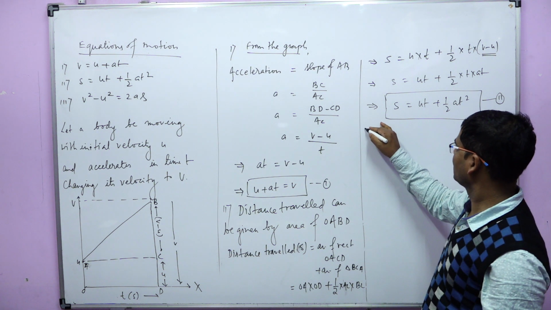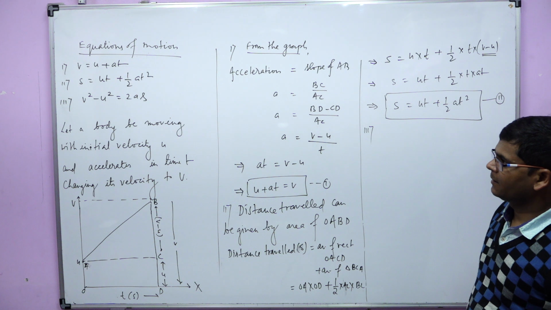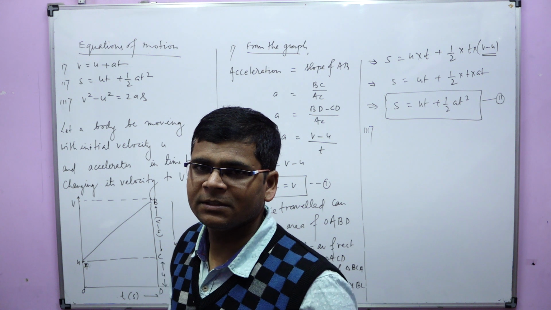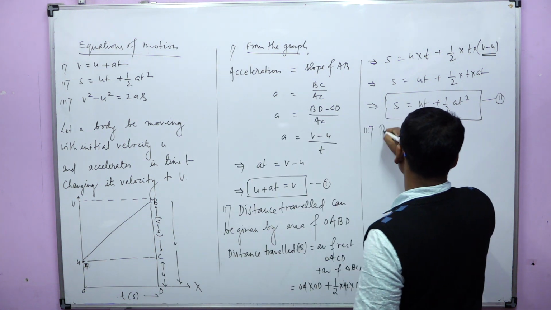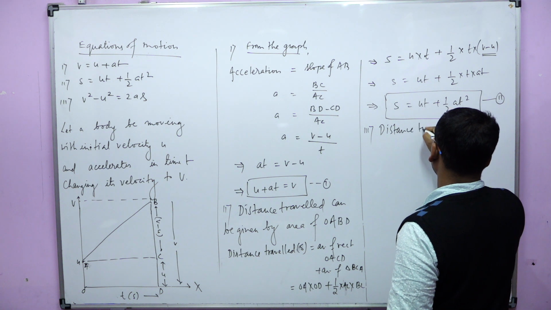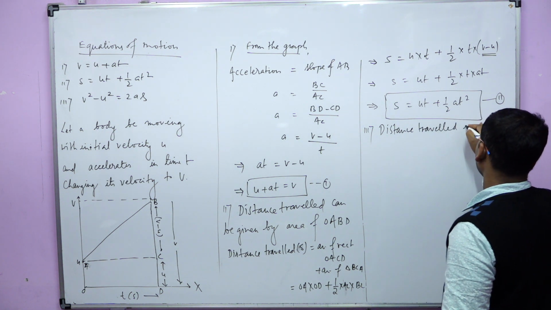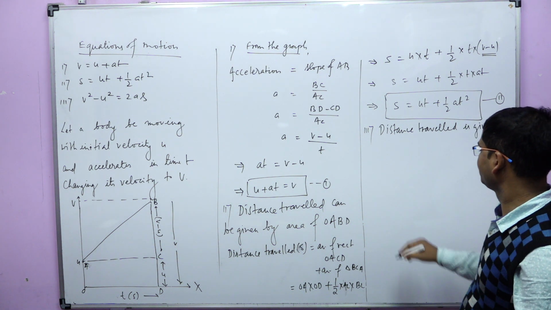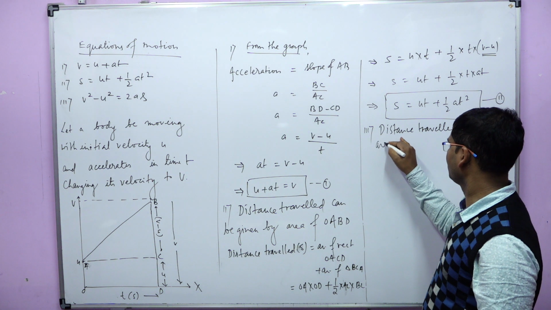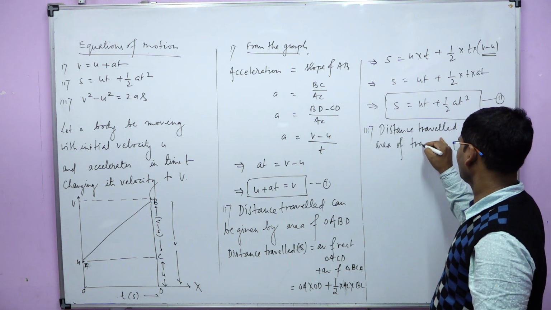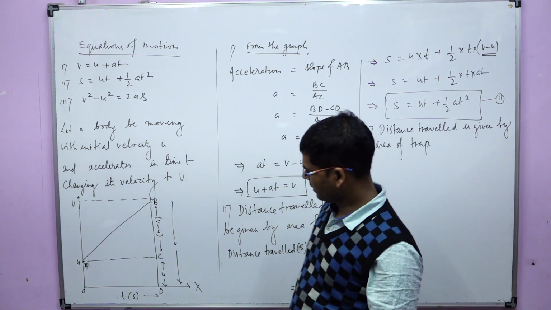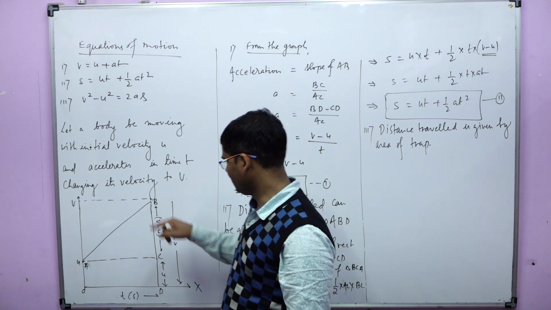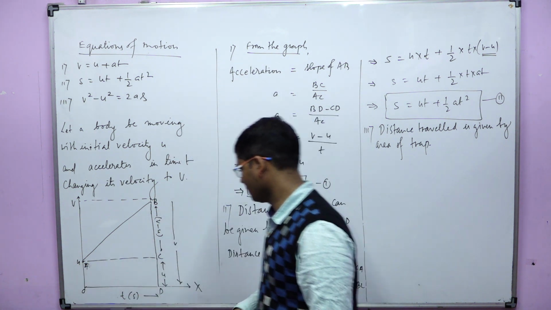Now the third equation, that is the relation between velocity, acceleration and distance traveled. So here also the distance traveled is given by the area of a trapezium. If you see here, OA is parallel to DB, and this one is the height OD.